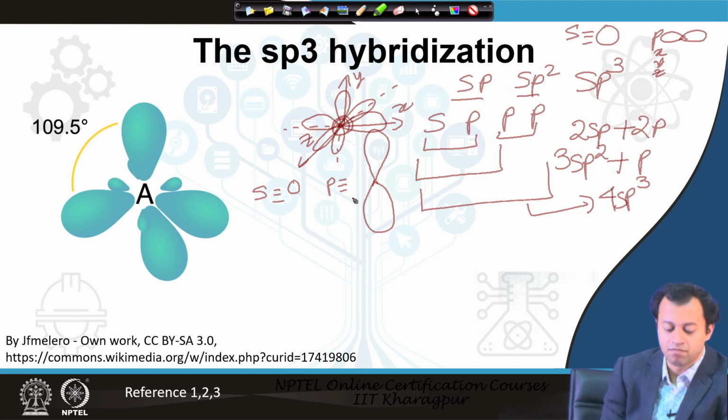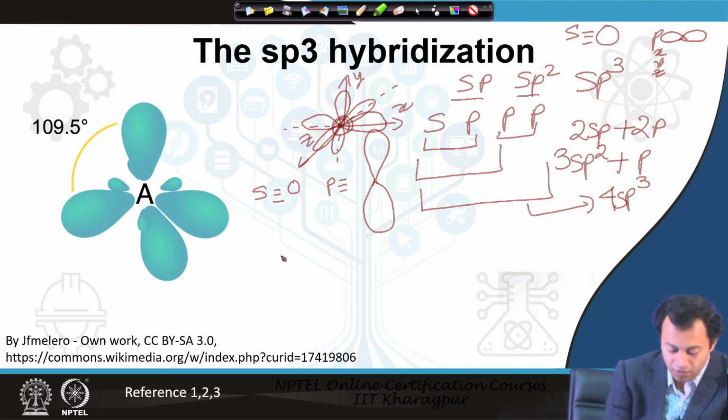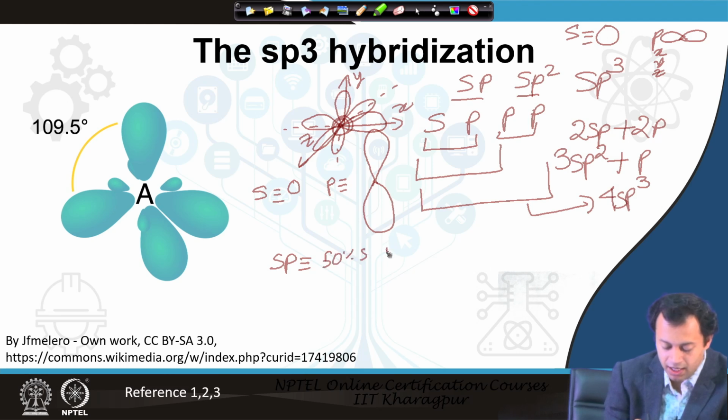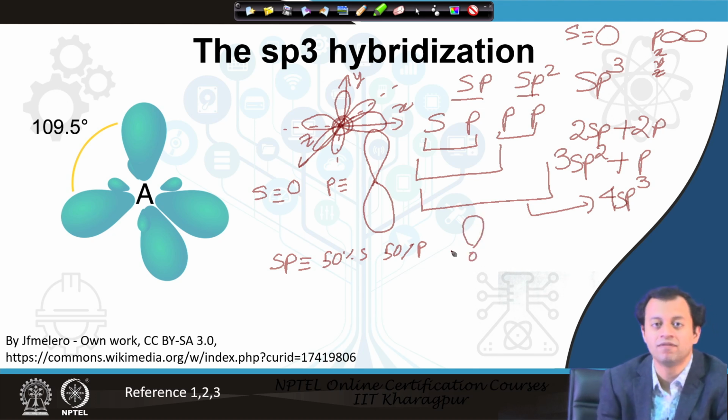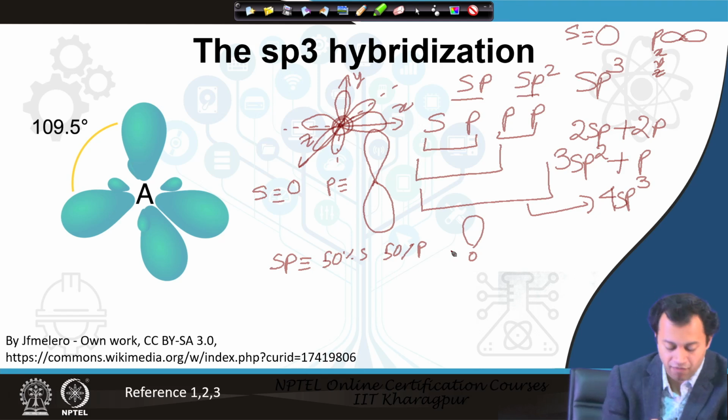When s and p merge for an sp orbital, which is 50% s and 50% p, we see this type of overlapped structure forming.